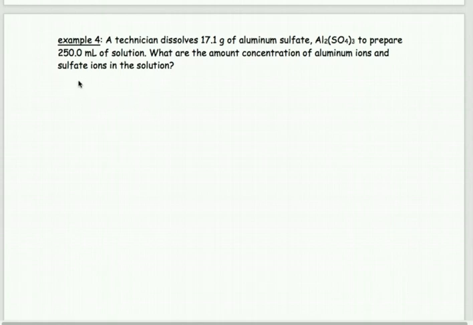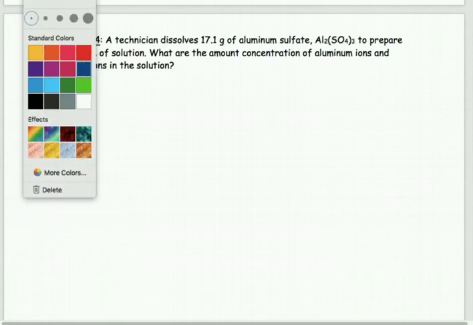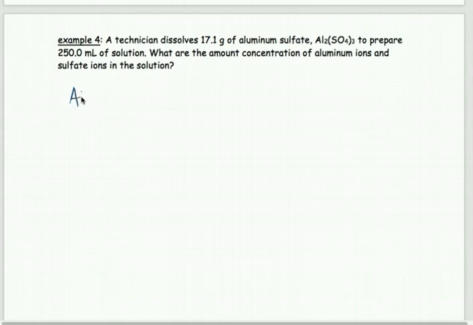So we have aluminum sulfate here, and we're just dissociating it, just dissolving it in water. So we're going to have an equation here with the ions. So this is what aluminum would be as an ion and sulfate as an ion. Again, these are all aqueous.